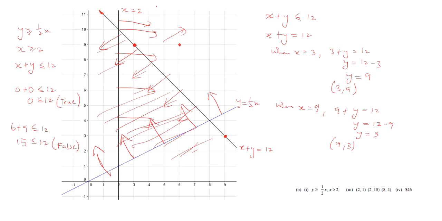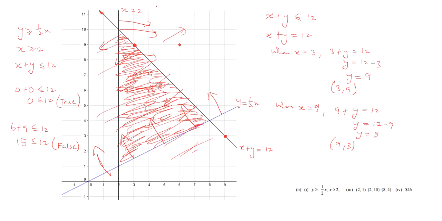So the region that satisfies all 3 inequalities would be this triangle here. That region is represented by this triangle with these vertices that I'm shading here.